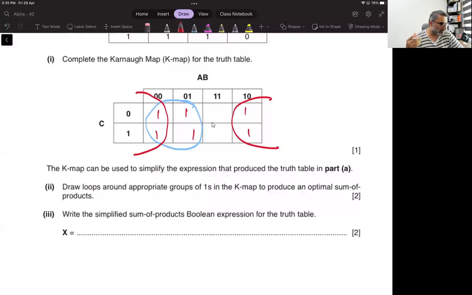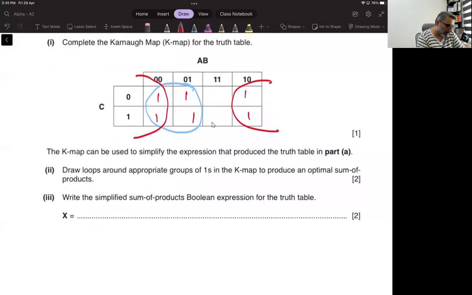Now write the simplified sum of products. Let's first take the red one. A is changing, B is not changing, so we put B naught here.